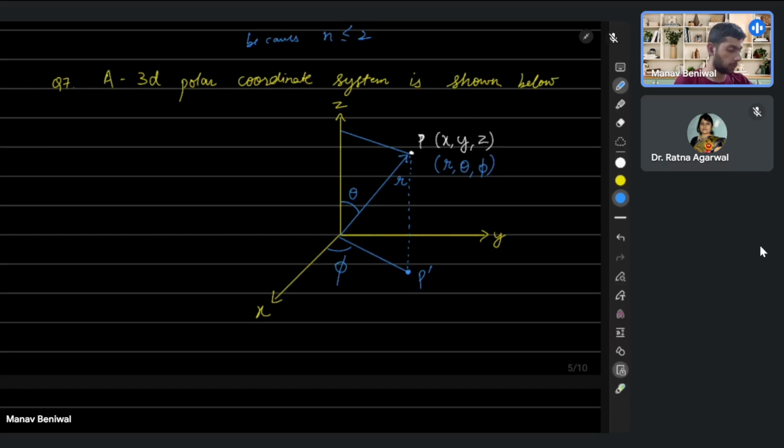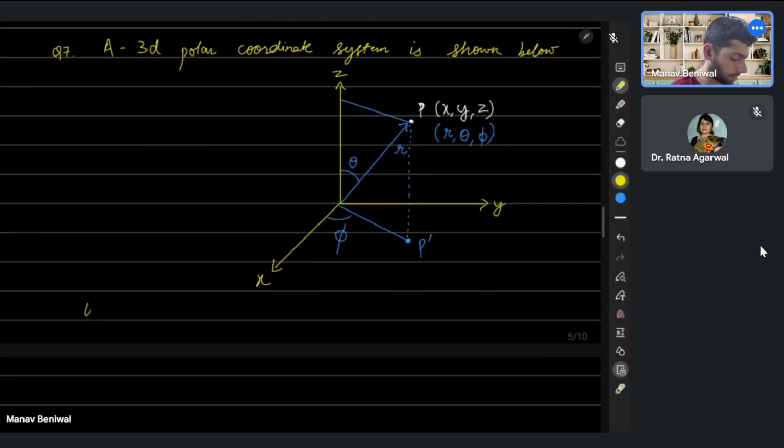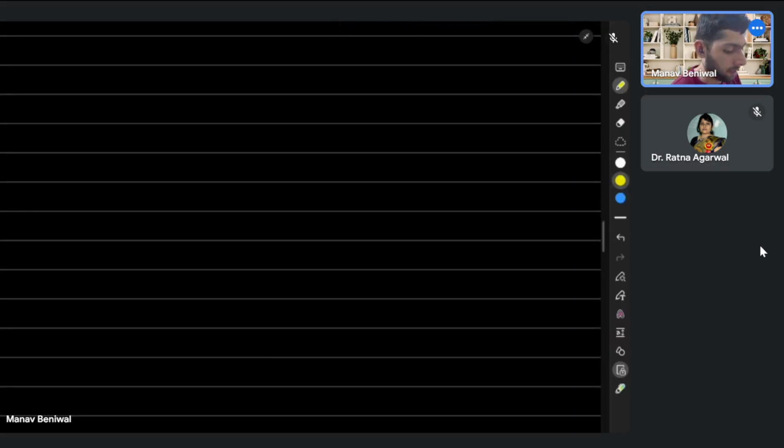Okay. Now what is the question? The question is, which equations are correct. We'll have a set of equations, and we have to identify which equations are correct for polar coordinates. So let me write down the equations.